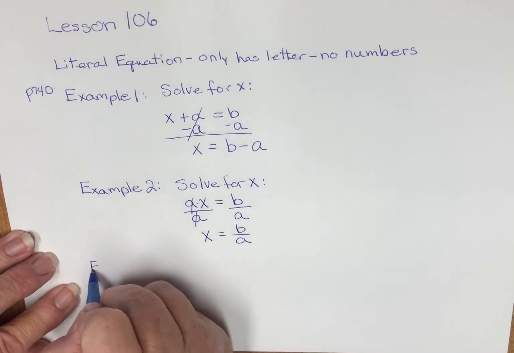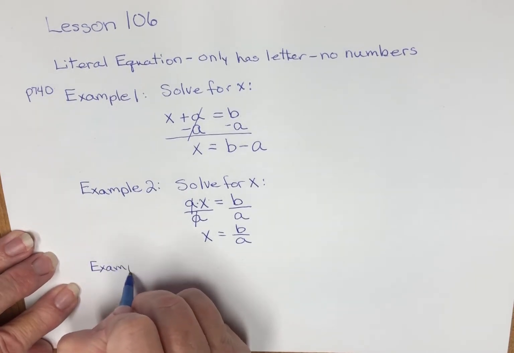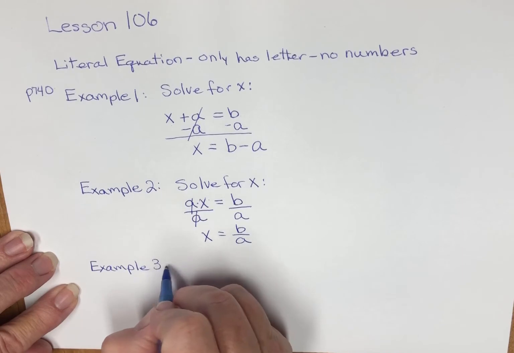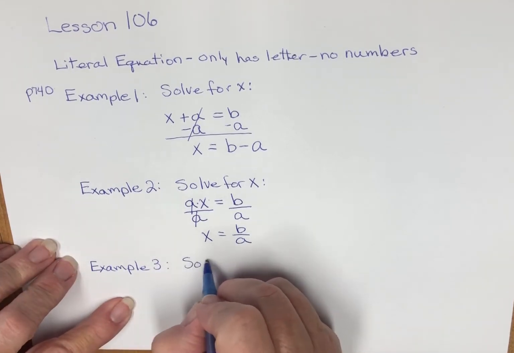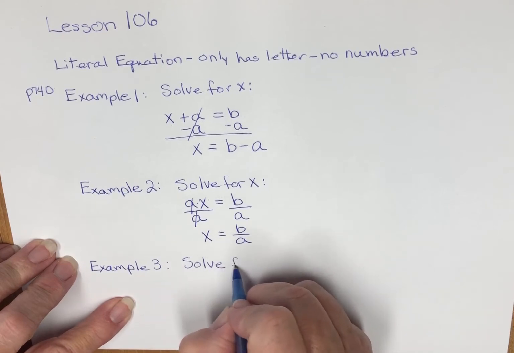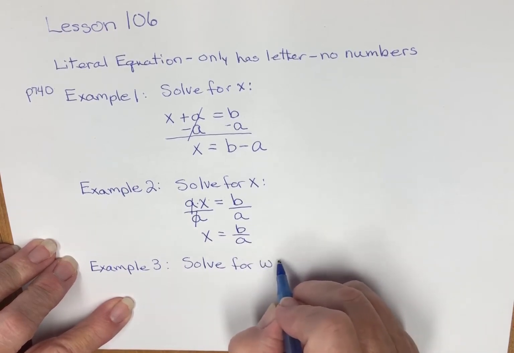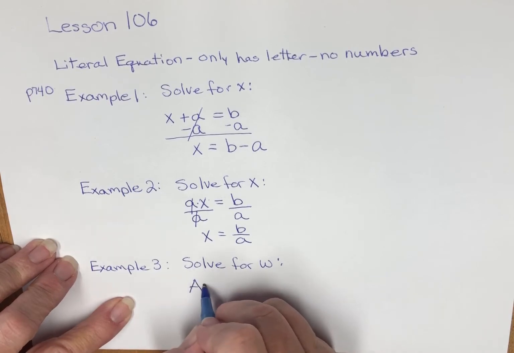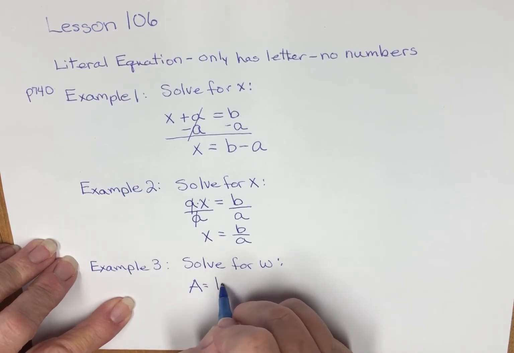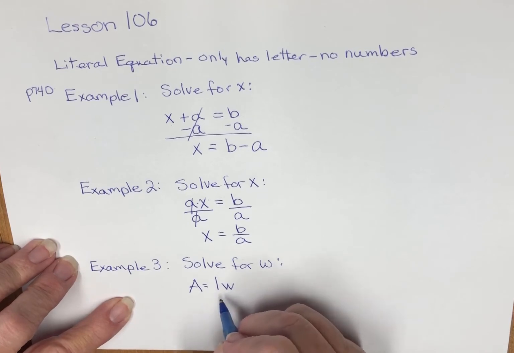All right, example number 3. They want us to solve for w. So now here's our problem. A equals LW. That's A equals length times width.